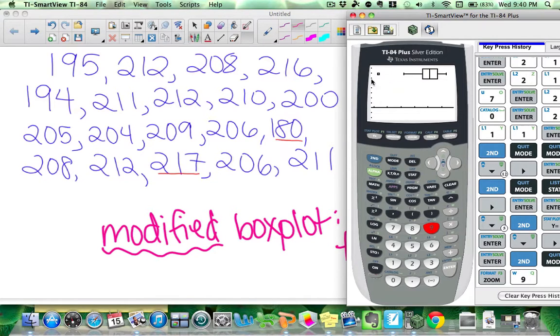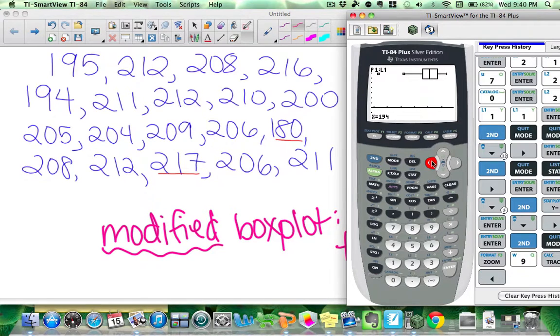So what that tells me is that my minimum, my 180, is in fact an outlier, okay? I'm going to hit trace, and if I hit the left arrow, it's going to start me over here on the far left. The minimum is 180. The whisker then starts at the next highest non-outlier. So 194 is not my minimum, 180 is my minimum, but 194 is the lowest number that is not an outlier.